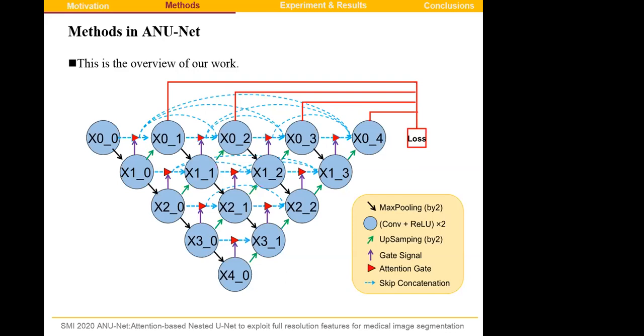In the 5 layers, each layer has its own resolution, but it's very symmetrical. In the decoder and the encoder part, the symmetrical convolution blocks are very similar, and the resolution of these 2 blocks is equal. Okay. Okay, thank you.